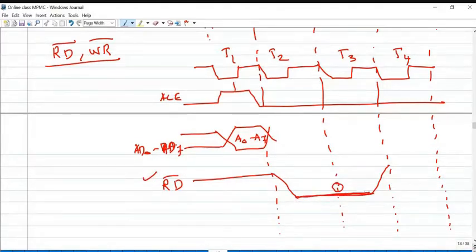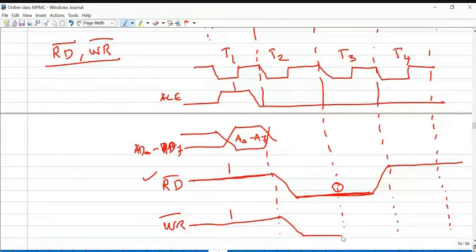If it is an active low signal, it means a read operation is sent by the timing and control unit of the microprocessor. So this indicates read operations. During T1 state, it should be logic high only. Suppose you want to mention a write operation, during T1 state the write signal is high. Then only from T2 to T3 you have to mention it.